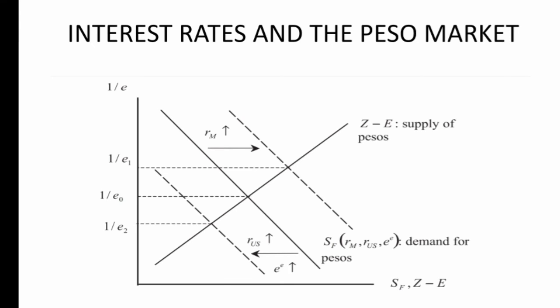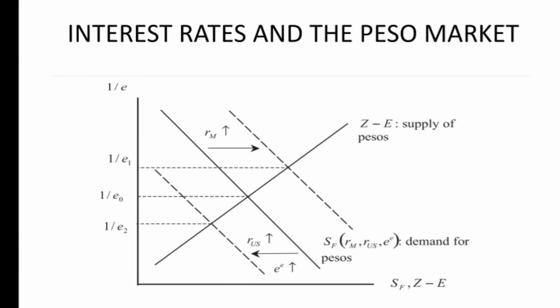So the case is similar to what I already explained, and if the investors see an increase in the R US, then it will increase the total expected rate of return on dollar-denominated assets. On the other hand, as a consequence, the value of the peso will decrease and shift to the left.